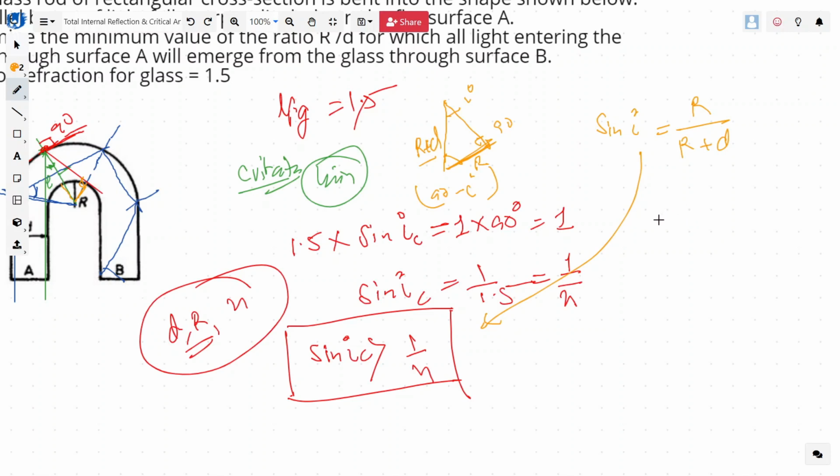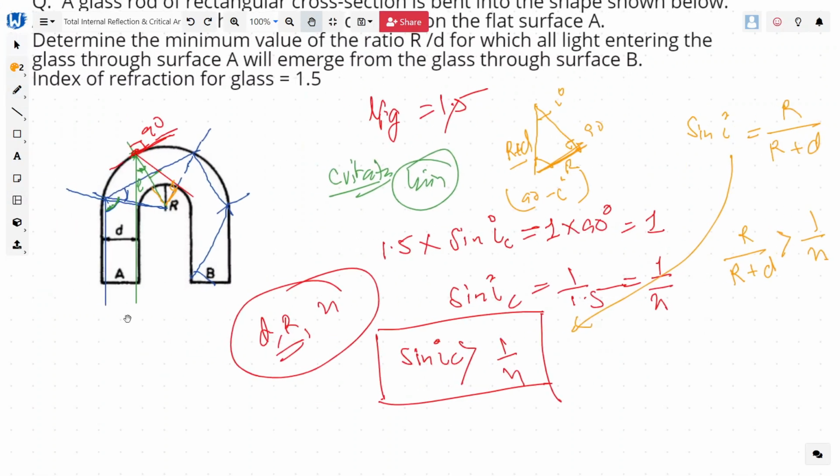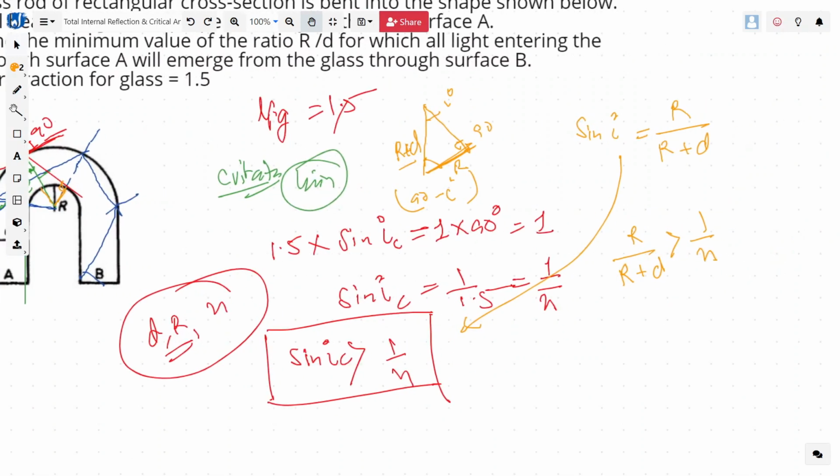So what we're trying to say is that if R by R plus T is going to be greater than 1 by N, basically we'll have critical internal reflection here, and the ray of light, any of them from the left hand side, will come through surface A and will emerge from surface B. So this is our condition, right? So this has to be greater than equal to, so let's correct that.